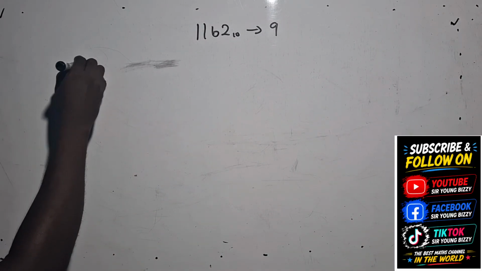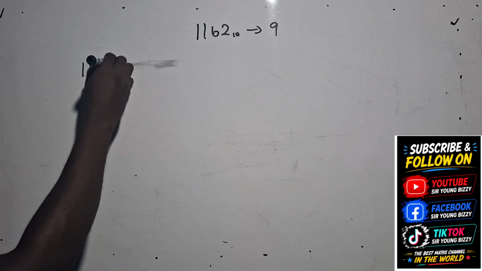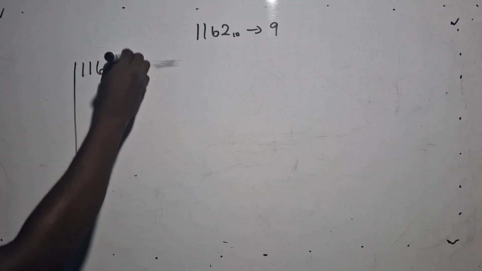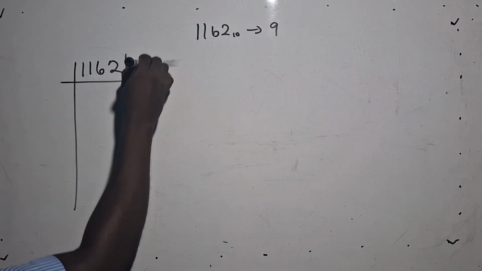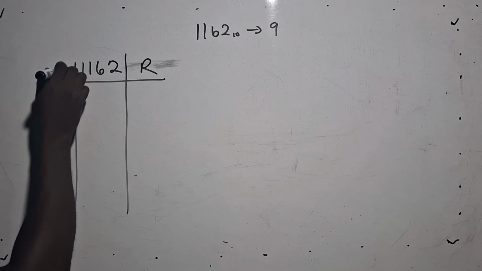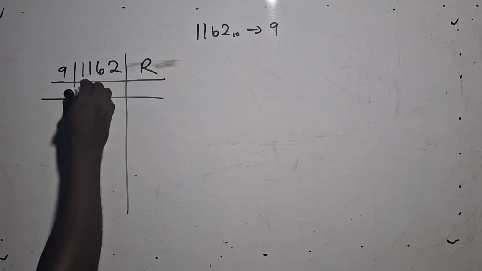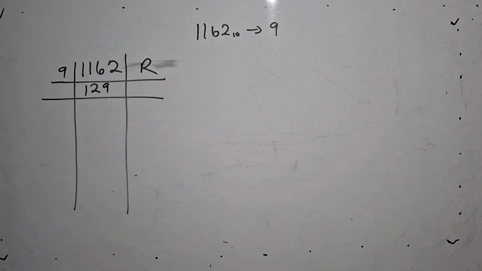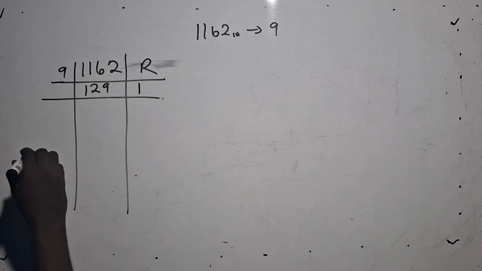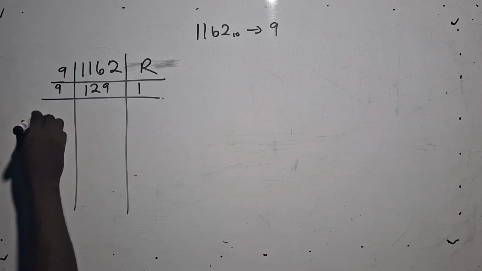So let me bring this one here. 1162, then my remainder, 9. So 1162 divided by 9 will give me 129. Now 129 times 9 will give me 1161. So remainder 1. So 9 again.